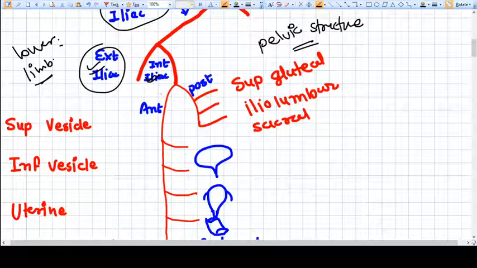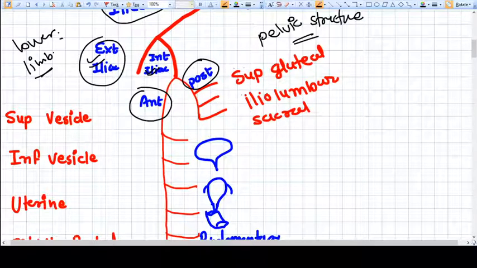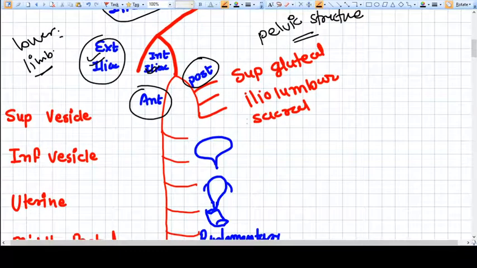So the internal iliac artery is the main branch, the mother branch, which supplies the whole pelvic structures including the reproductive system. Now the internal iliac further divides into anterior and posterior divisions. The posterior division supplies some of the structures, while the anterior division of the internal iliac is the main blood supply for the reproductive system.